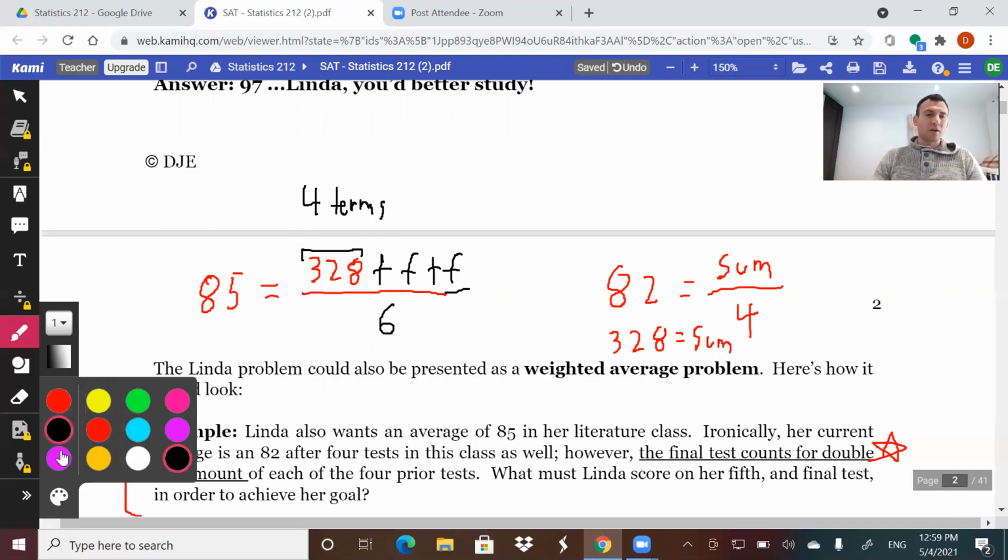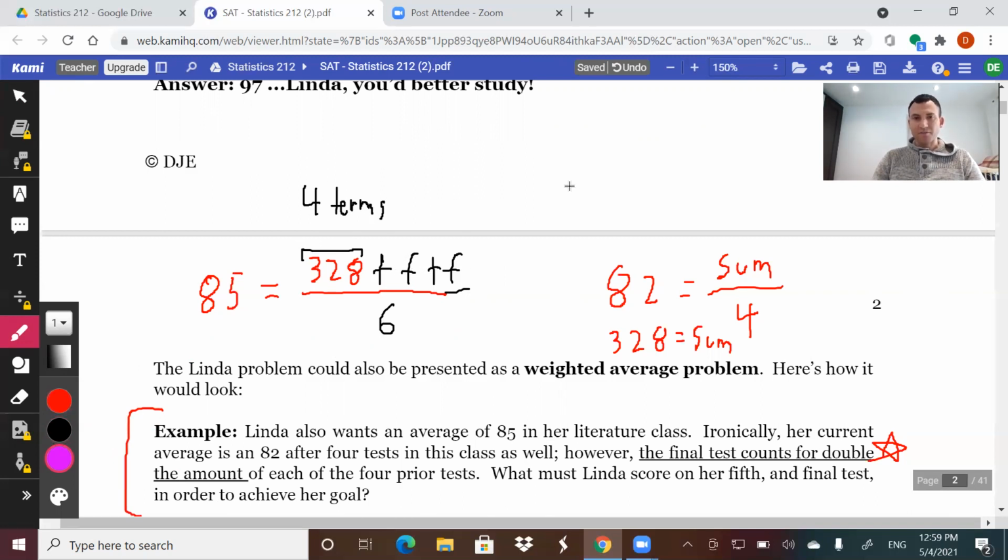So some people may ask, well, why don't we just double it and divide by 5? Well, think of it this way. If you were to take one test and it were to count for double, so say the test was a 98, you do 98 plus 98 divided by 2, and that would get you an average of 98.